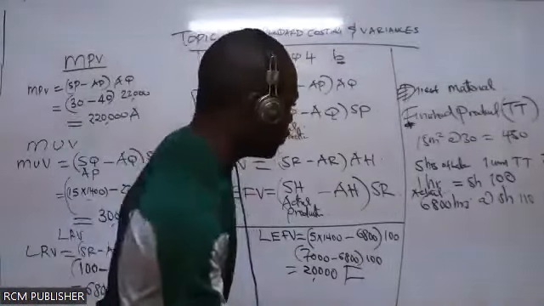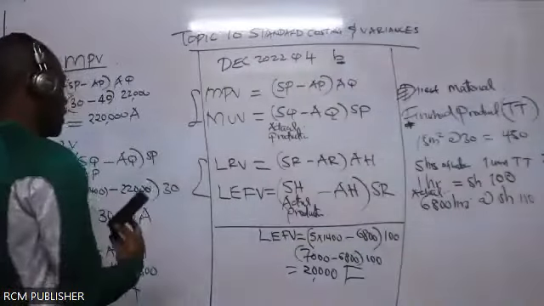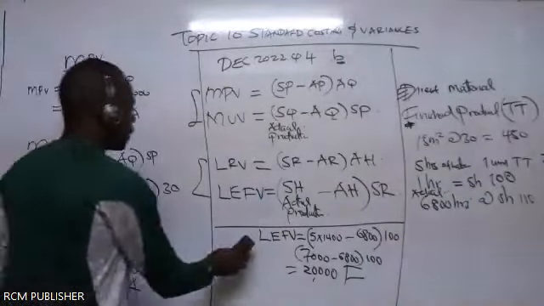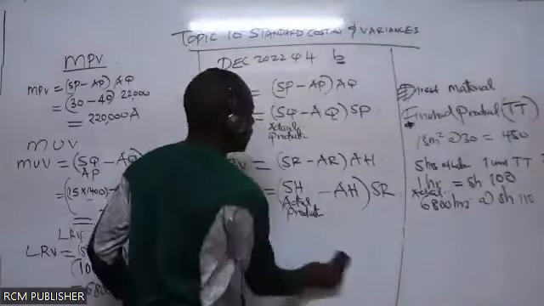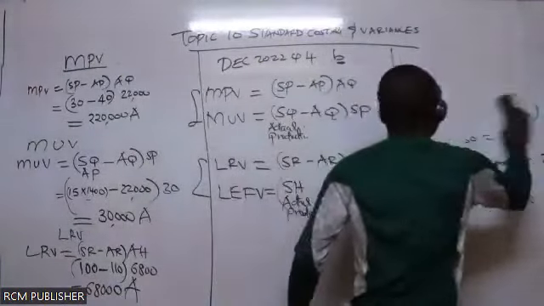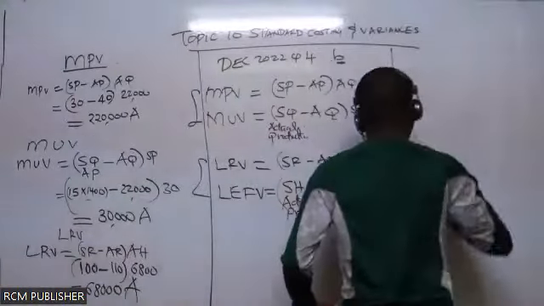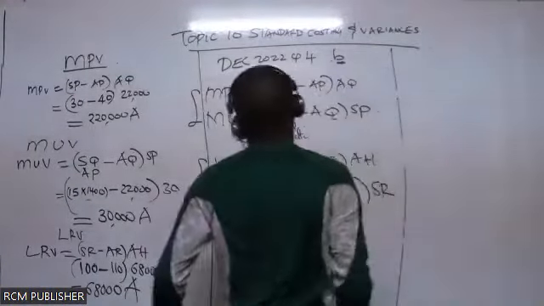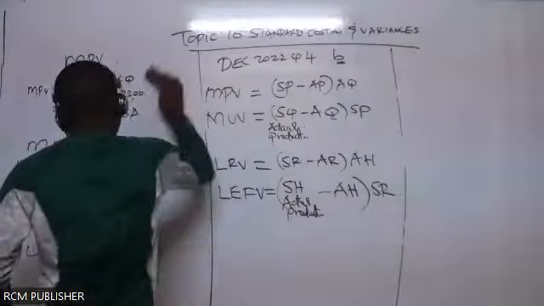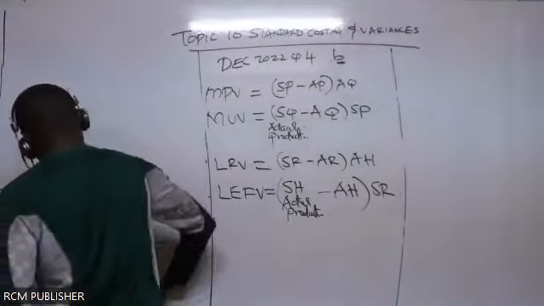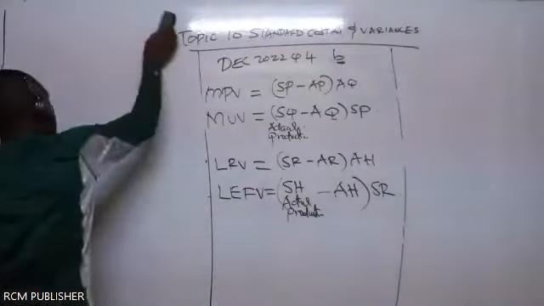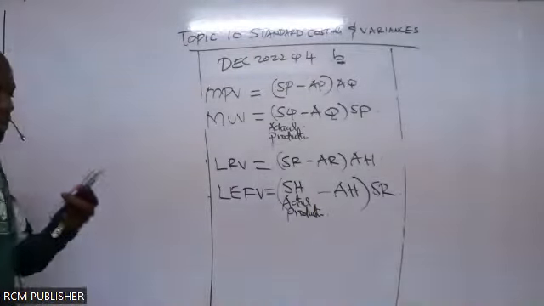That is what you are required to do there. It is a repetition of what we did yesterday. So we are now introducing 2 new items. That is overhead variances.